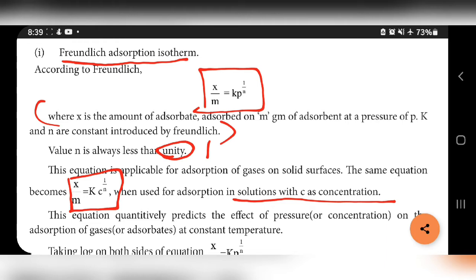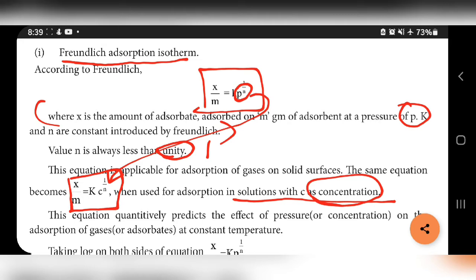The previous equation is applicable for gases on a solid surface. If it is a gas, it has pressure, so in that equation p is used. In case adsorption takes place in solution, it has concentration only, it doesn't have any pressure term. So we should change p into c, and the equation changes to x by m is equal to k into c power 1 by n.